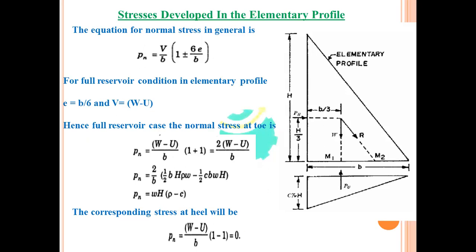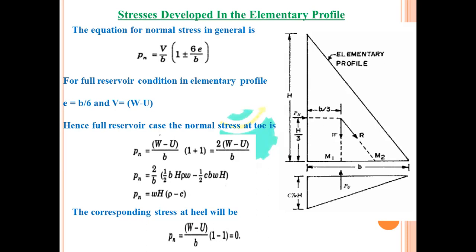The equation for normal stress is generally V by B into 1 plus or minus 6E by B. That means at a heel plus, at a toe minus. For full reservoir condition in elementary profile, E equal to B by 6 and V equal to W minus U. So we consider the reservoir full condition.